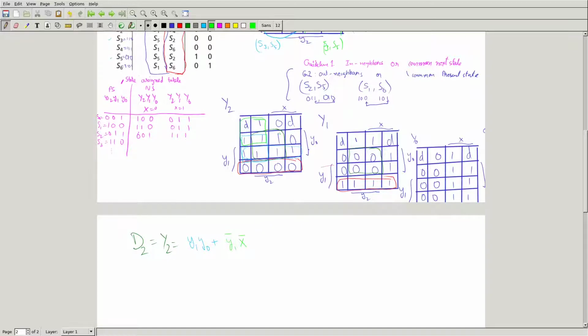We are just left with this one, which is y2, y0, and then we can write D1, which is just y1.